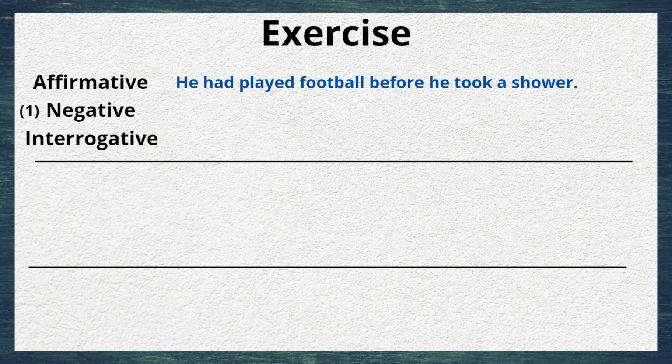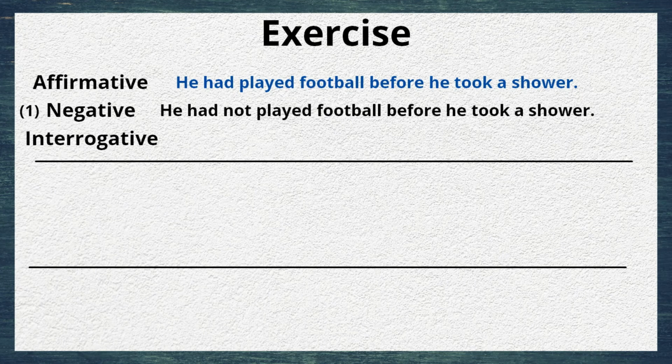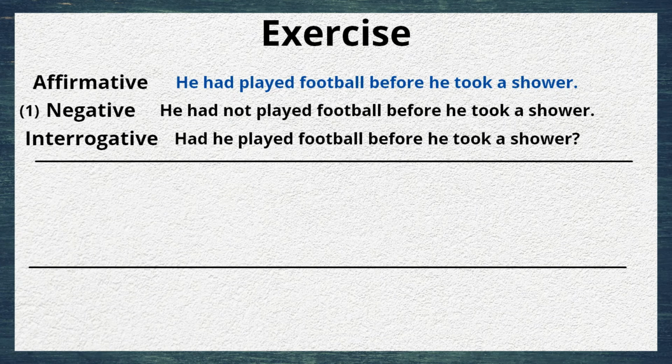So, for the negative form, it will be he had not played football before he took a shower. And for the interrogative form, it will be had he played football before he took a shower? Don't forget the question mark. And also the capitalized H of had.